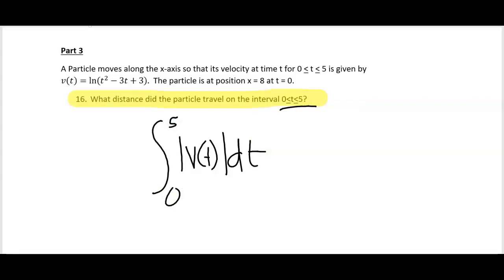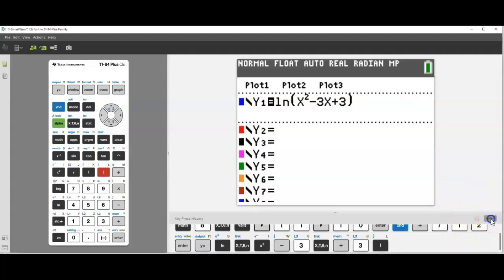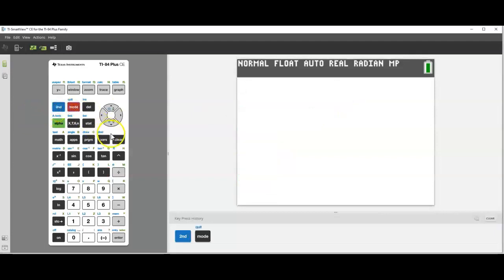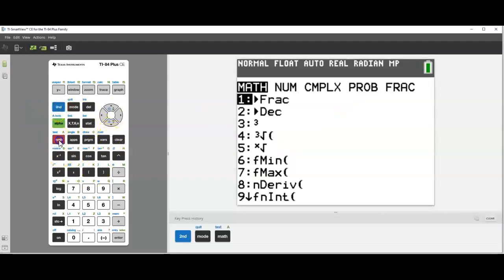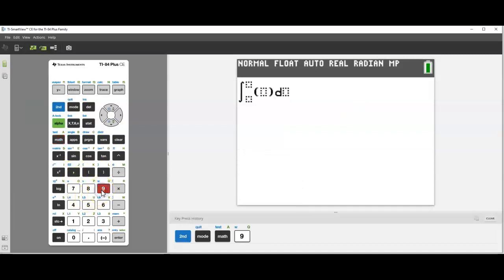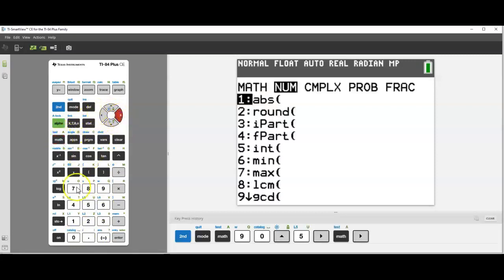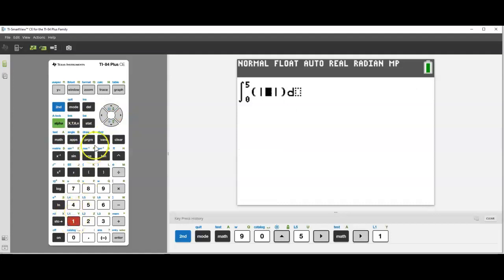So that's just going to be a calculator question. Let's go ahead and turn to our calculators. Of course, the first thing we're going to do is put the equation in under y1. We're going to go back to the home screen here. We're going to do math, 9. We're going from 0 to 5. You want the absolute value in there, so you push math, scroll over to num, press 1 for absolute value.